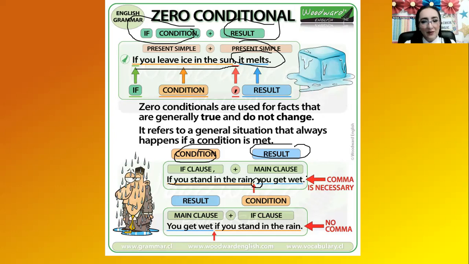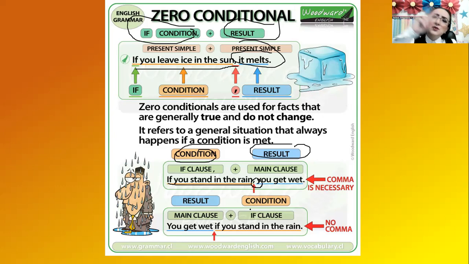Not a lot of time, obviously, but did you notice that space of time? We need to demonstrate the use of the comma. Remember intonation when we are speaking in English. If you stand in the rain, comma, you get wet.